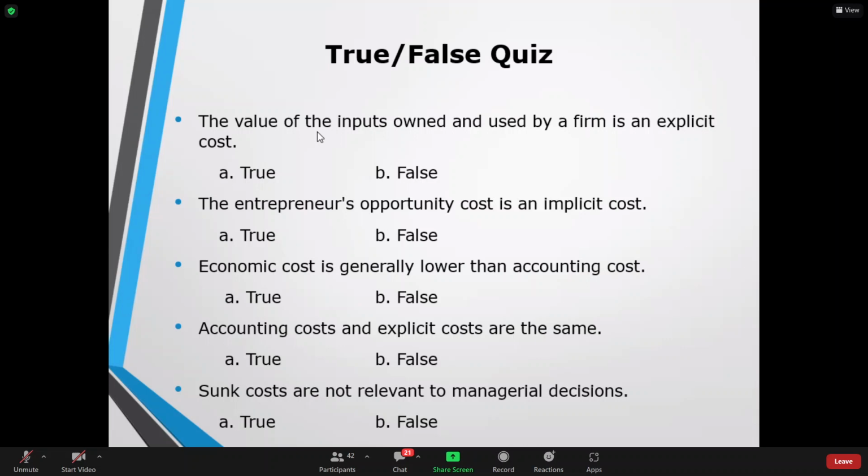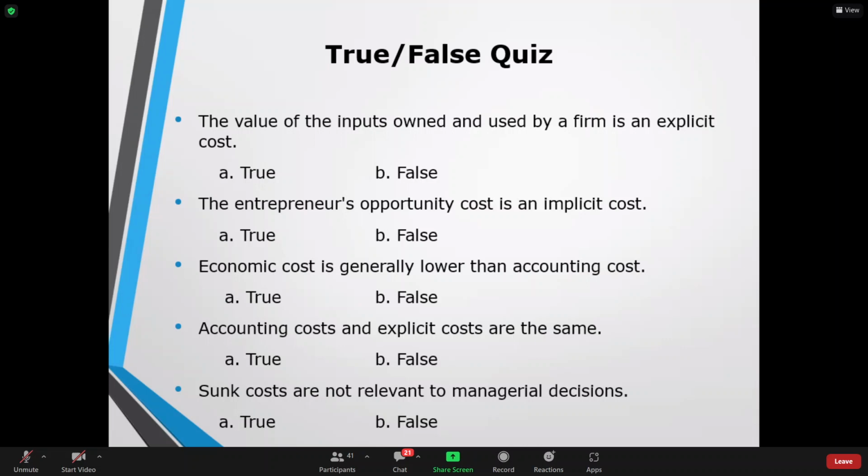For which question is your answer? B is for what? Yes, 4B. 4 is accounting cost and explicit cost. 4 is B. Madam, 4 is true, no?